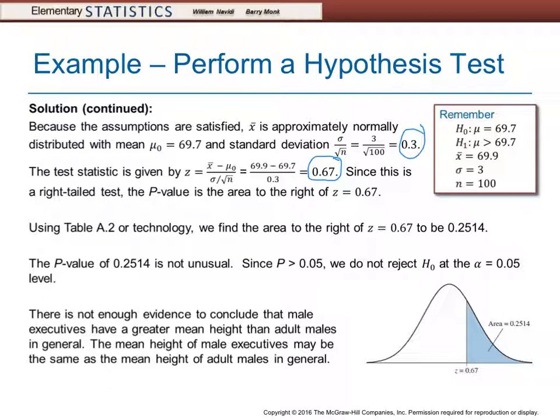The p-value of 0.2514 is not unusual, and since the p-value is greater than 5%, we do not reject H0 at the 5% significance level. There's not enough evidence to conclude that male executives have a greater mean height than adult males in general. The mean height of male executives may be the same as the mean height of adult males in general.